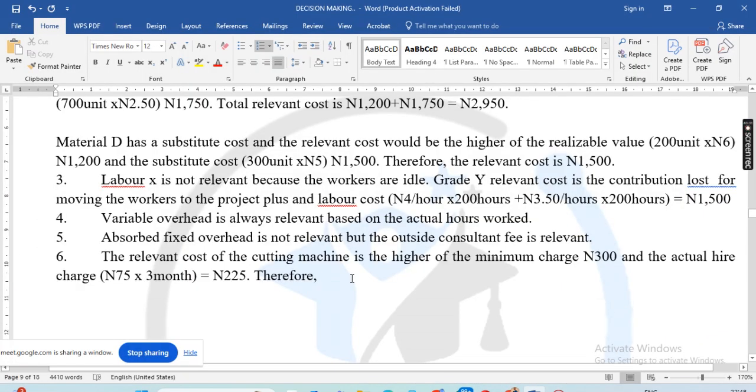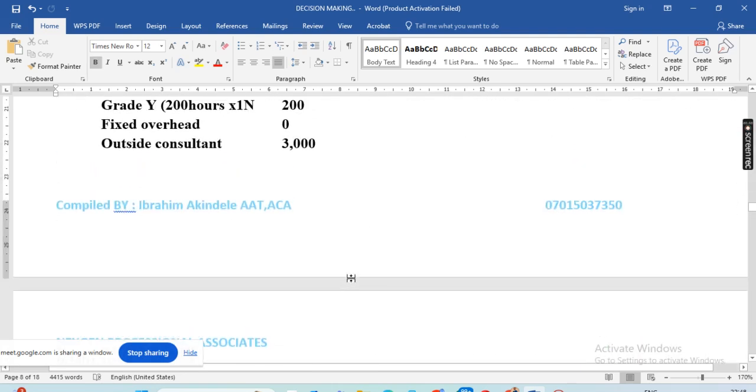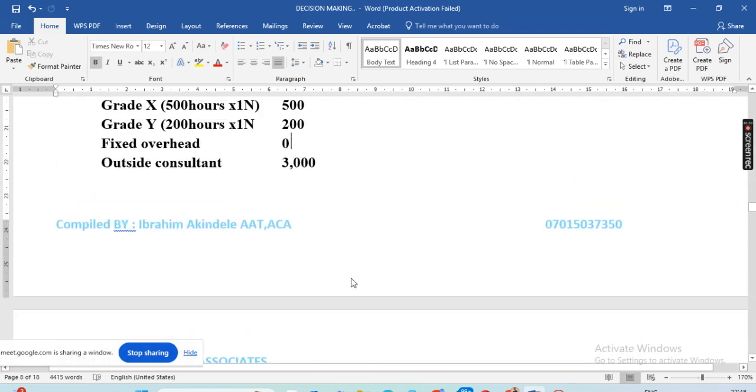Therefore, the relevant cost is 300 naira. So we move. We're almost done.